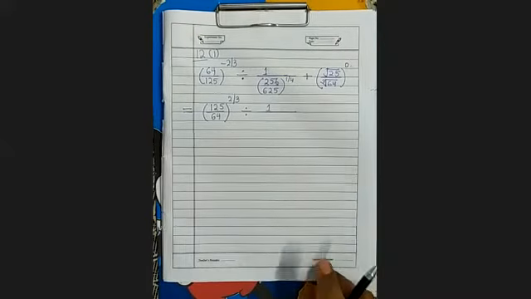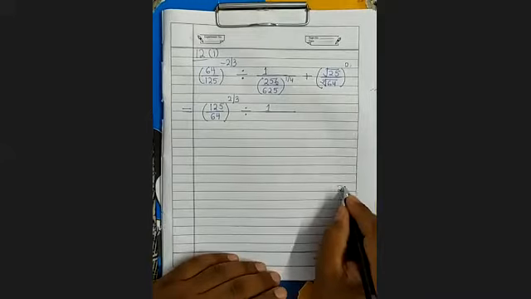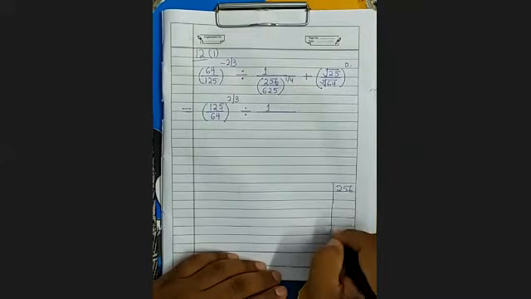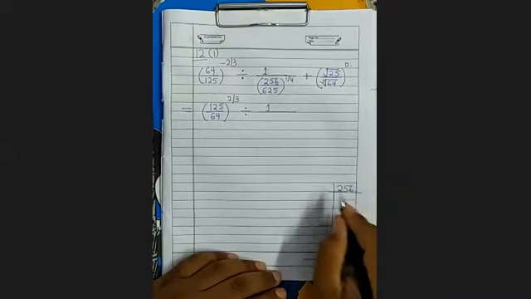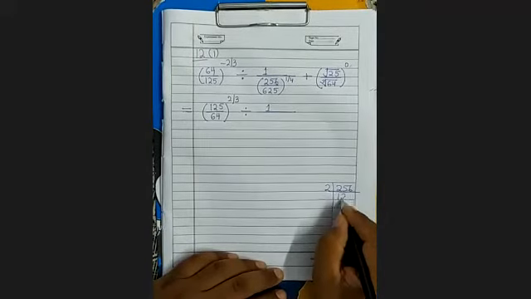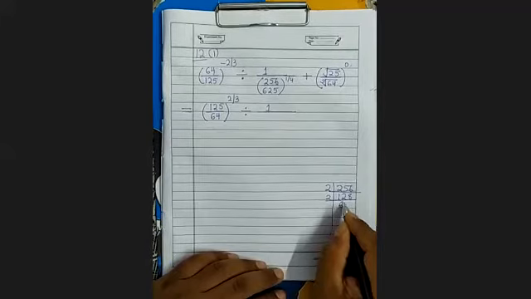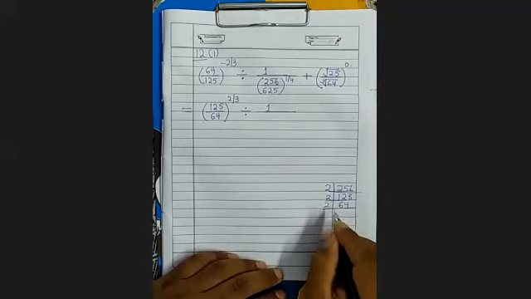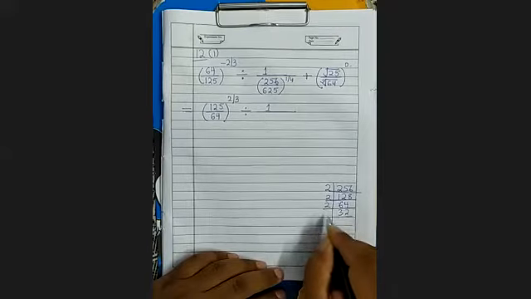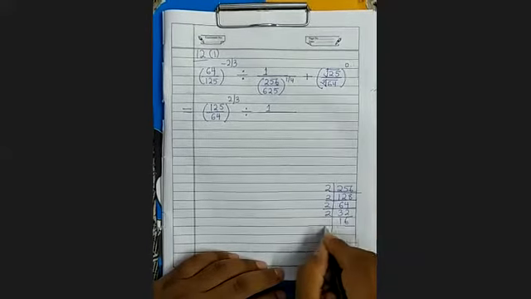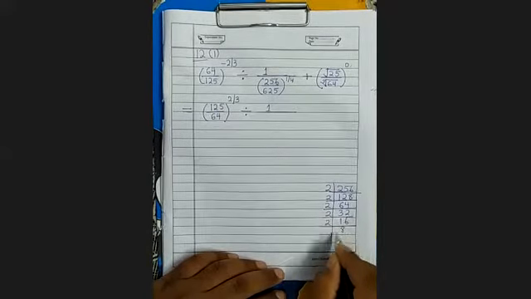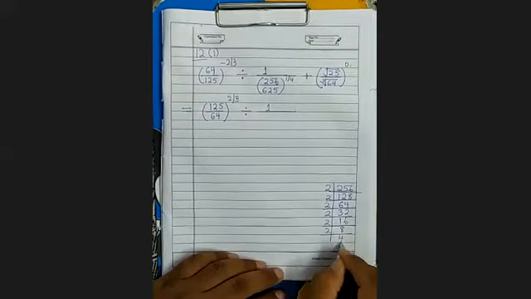You do the prime factorization of 256. Its prime factors: 2, 128, then 64, then 32. We will do the prime factors of this.